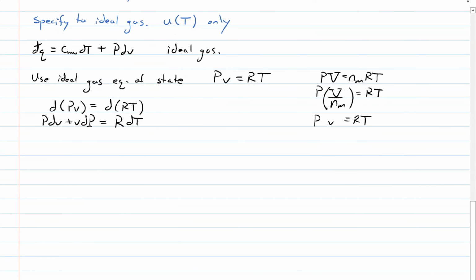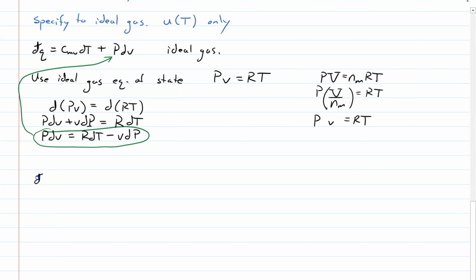Now let me rewrite this a little bit. P dV is equal to R dT minus V dP. And I'm going to take this and substitute it in above. So this whole thing, I'm going to substitute in here.